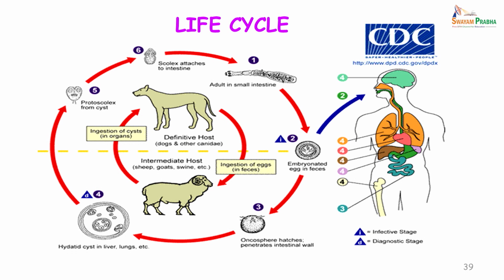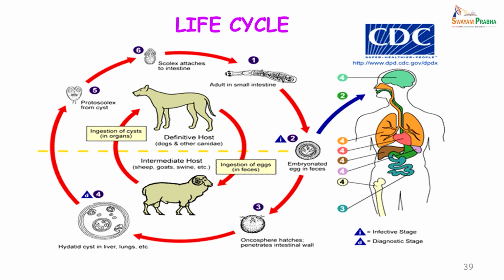From there, it penetrates the intestine, enters the circulatory system, and the first filter is the liver, where it can form a hydatid cyst. If it escapes the liver, it can go to the lungs, form a cyst over there, and of course, it can go to any part of the body where it can form what we call a hydatid cyst. So, this part of the cycle is in the intermediate host, who is man.